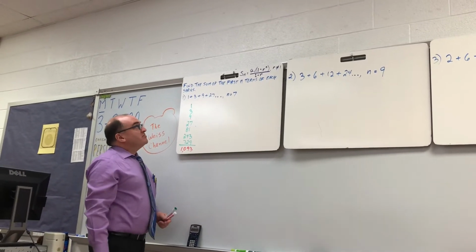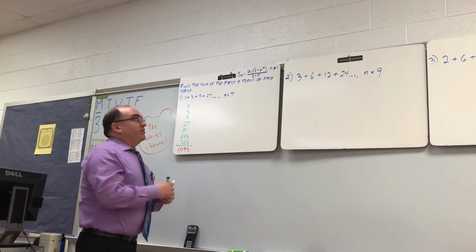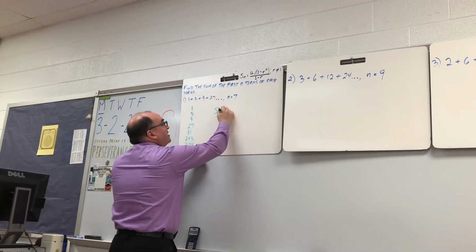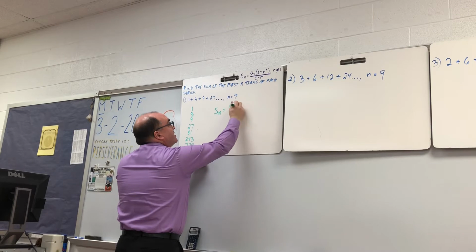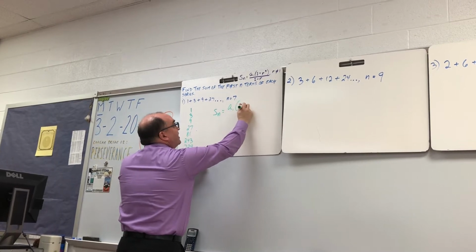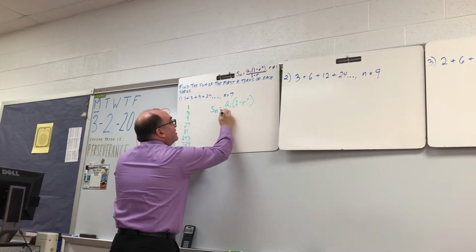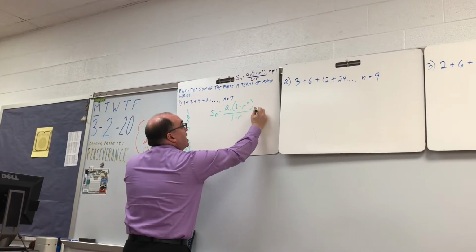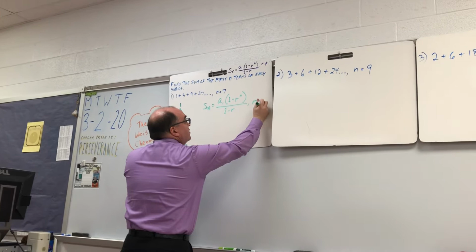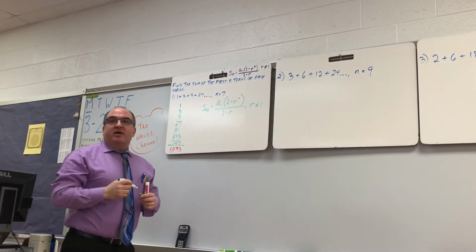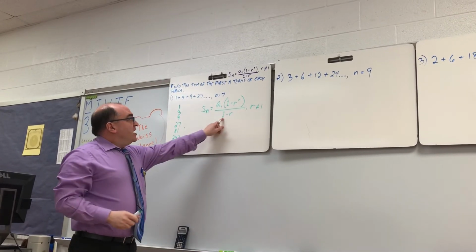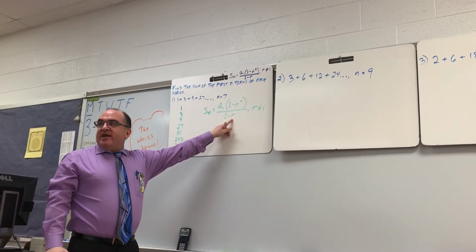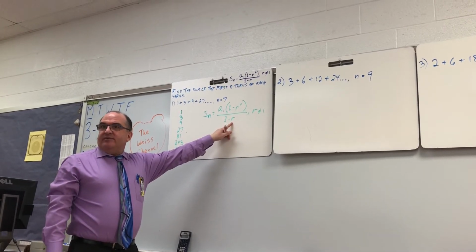Now, this formula, the sum of n equals a1 times 1 minus r to the n all over 1 minus r. R is not equal to 1. You know why r is not equal to 1? Because what's 1 minus 1? 0, and you can't divide by 0, right?